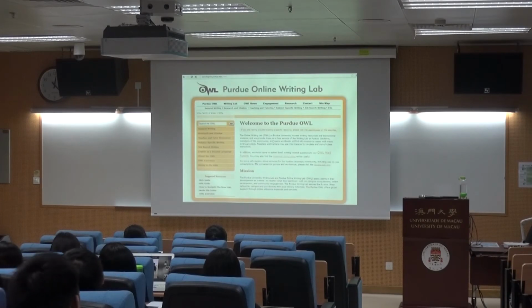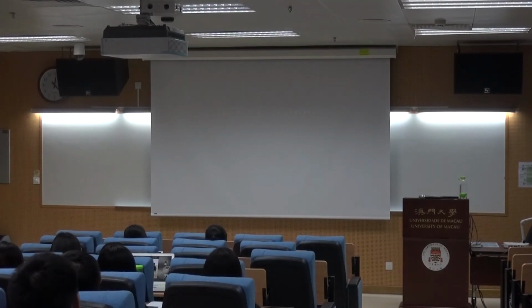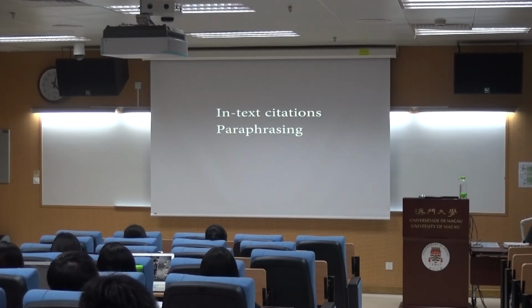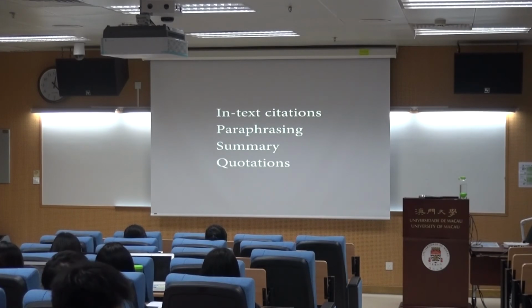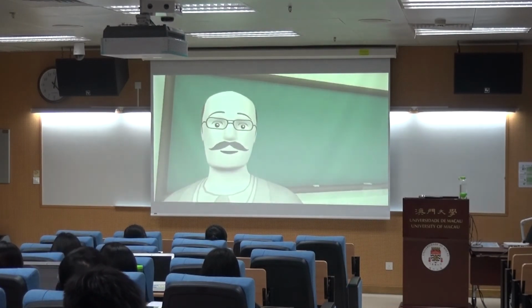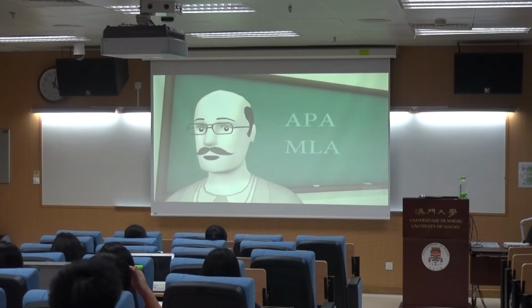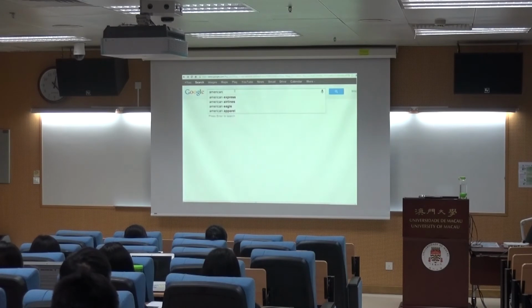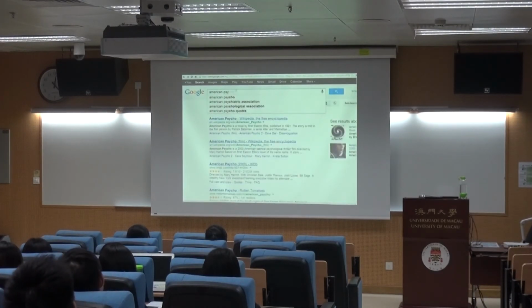Okay, let's look at in-text citations, paraphrasing, summary, and quotations. A word on these acronyms and citation styles, APA, MLA. What do those mean? Well, APA and MLA are two of the most popular citation styles you'll be working with.